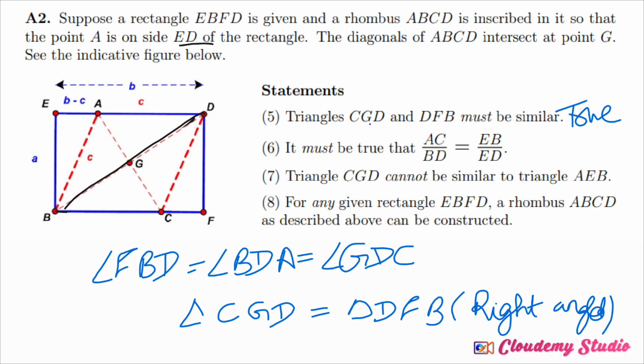Now the next one says it must be true that AC over BD equals EB over ED. Now G bisects AC and BD.